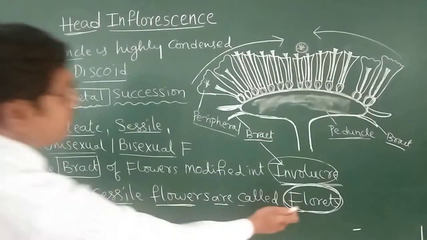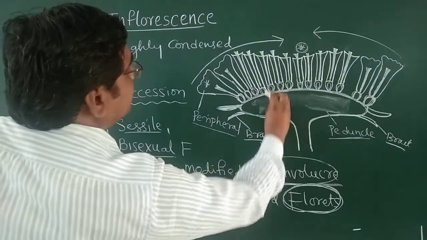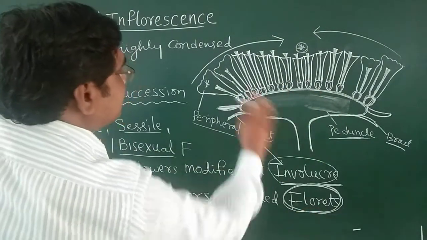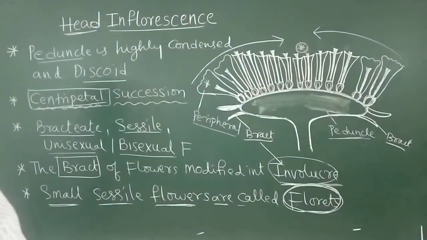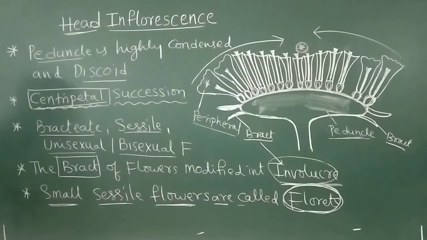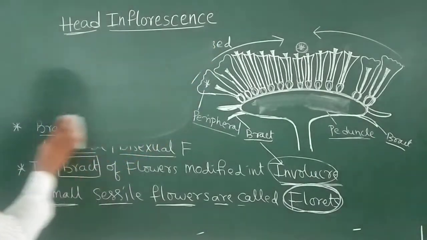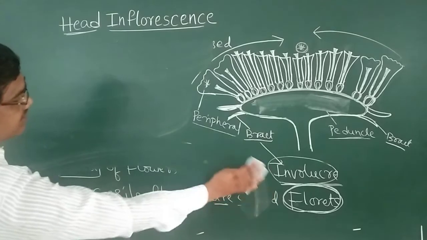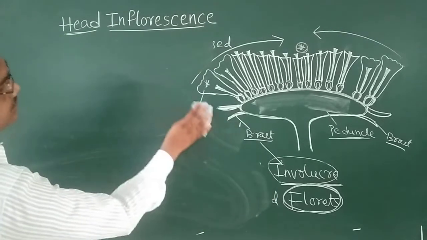So these florets are present on the condensed peduncle. This is the condensed peduncle. On the condensed peduncle, florets are arranged in centripetal succession. In a head inflorescence, two types of florets are there.